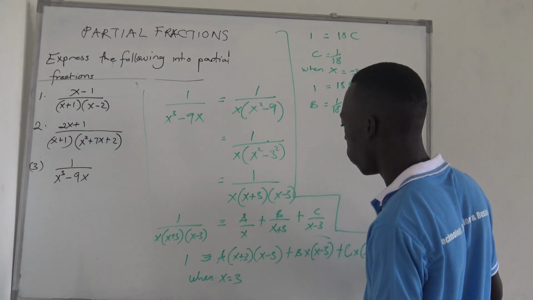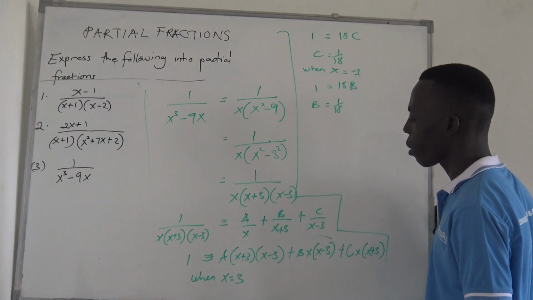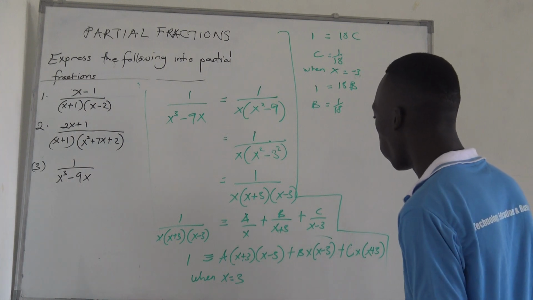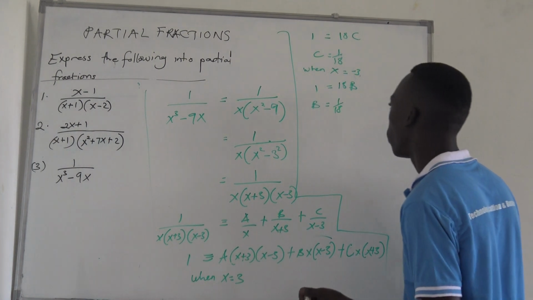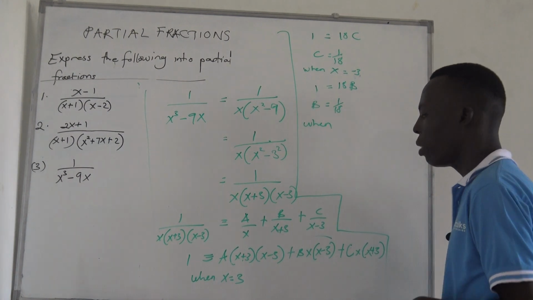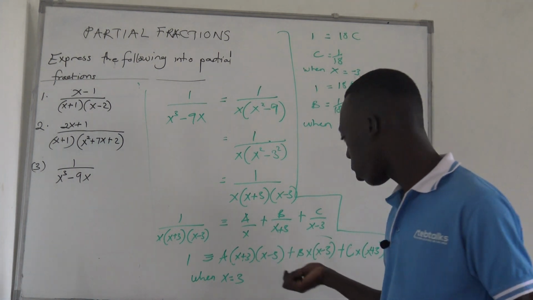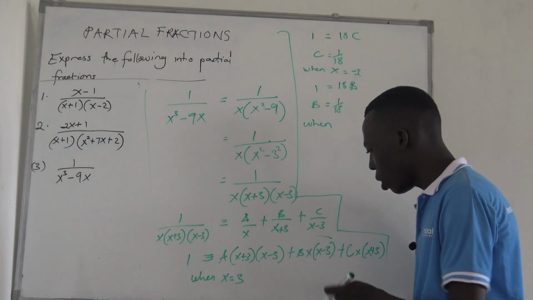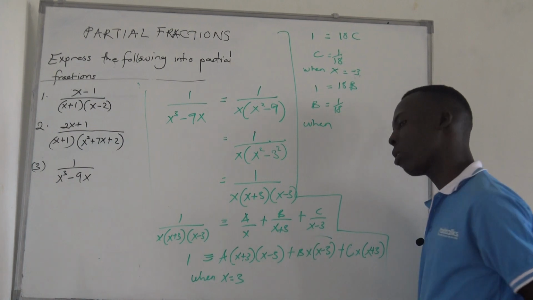After getting the value of b, we are looking for a value we can substitute to give us a 0 on this one and this one, so that we remain with a. First see which one we can put here. When you put 1, it cannot go. When you put negative 1, it cannot go. But when I put 0, this 0 will multiply with this one to go to 0, and also with the other one to go to 0.